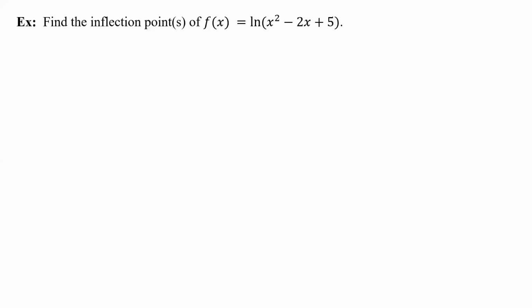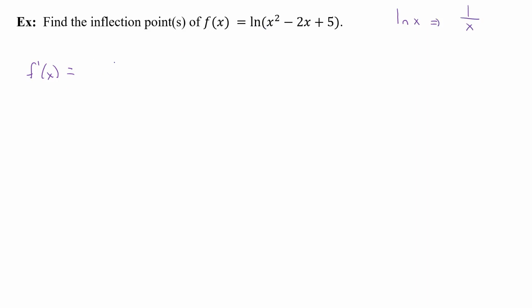All right, so here it says find the point of inflection for this one. Well, again, what we're going to have to do is find what f prime of x is and what f double prime of x is, the first and second derivatives. First, think about this, something that sometimes people forget: the derivative of ln of x is 1 over x.